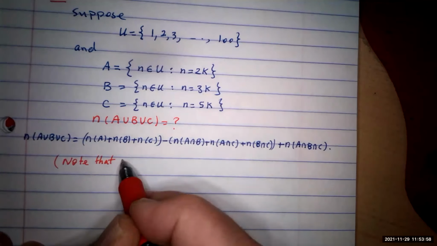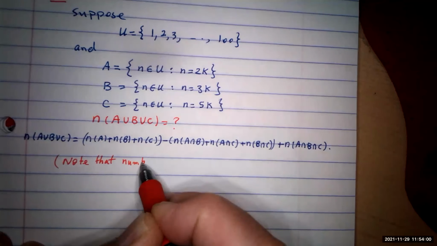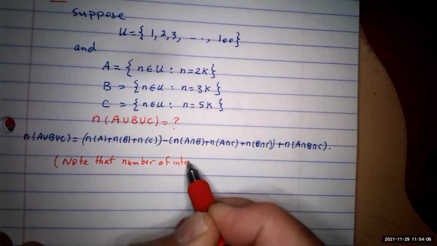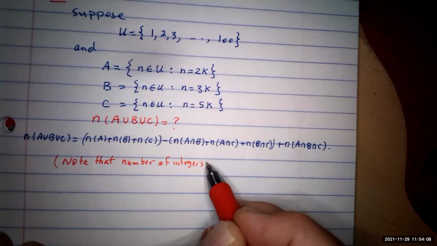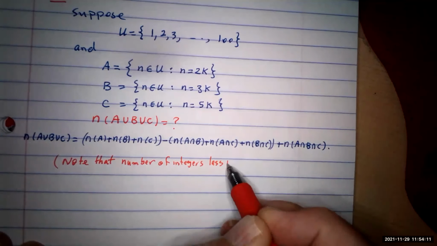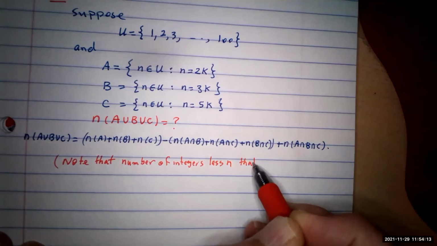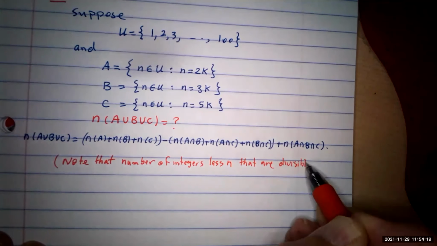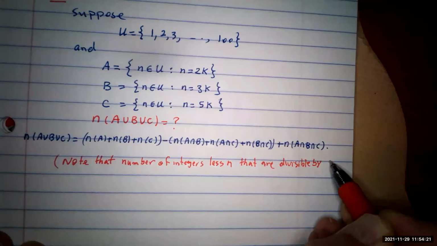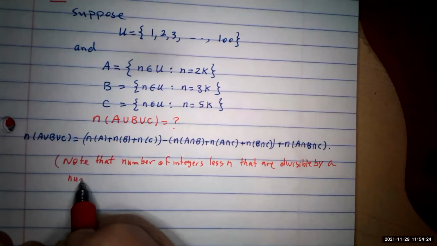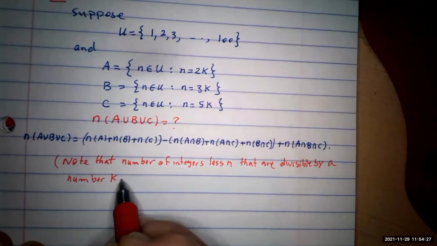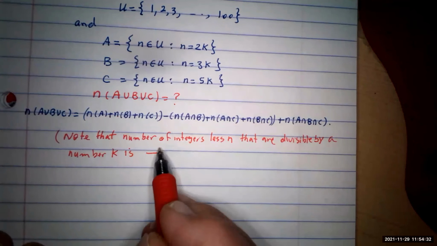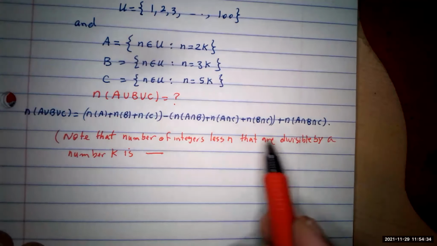Note that the number of integers less than n that are divisible by a number k, in order to find that, you are going to divide n by k to find it.